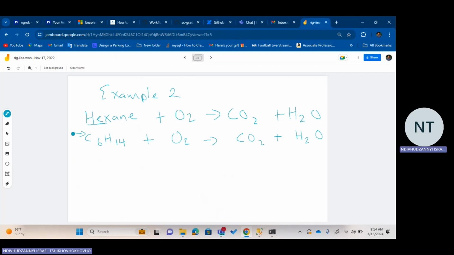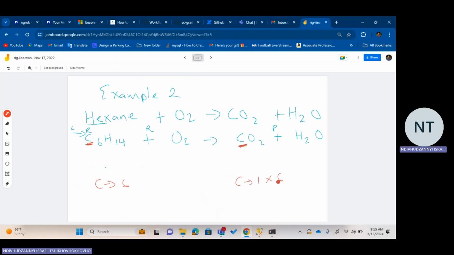I said we start from left to right, checking the reactants, comparing with the product. So let's start with C. With C, we have 6. On the other side, we have 1.